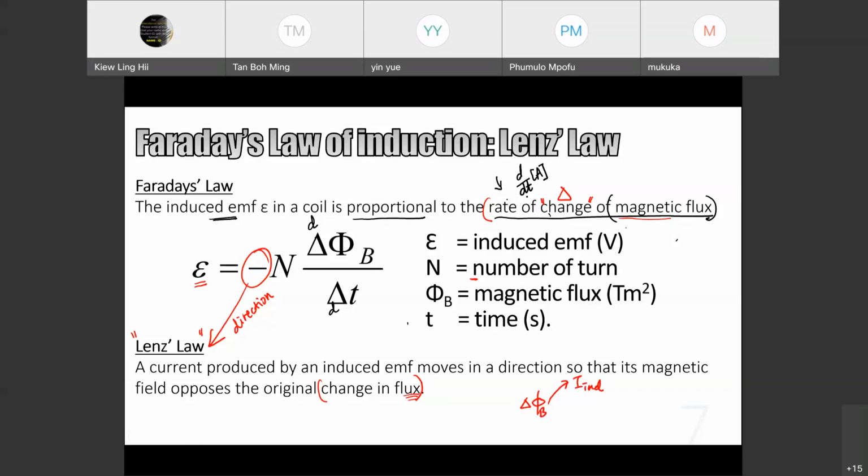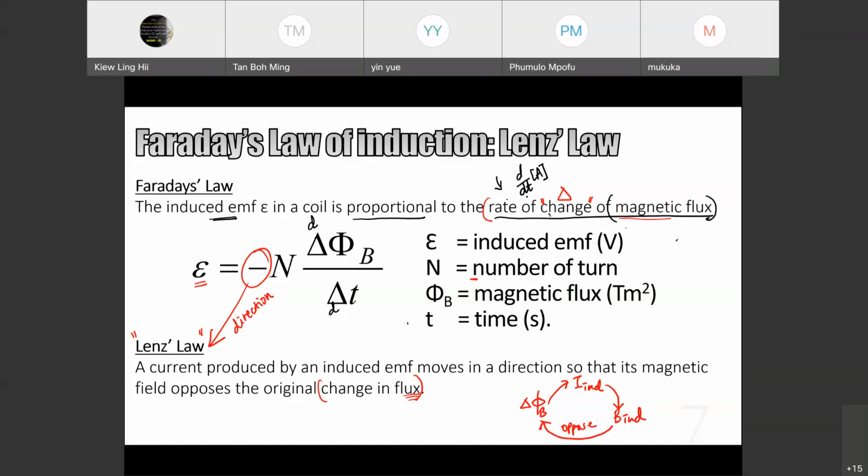So the same goes with this induced current. When a change in magnetic flux results in an induced EMF, this induced EMF at the same time will produce a magnetic field as well. I call this the induced magnetic field. So this induced magnetic field will oppose the original change in flux.